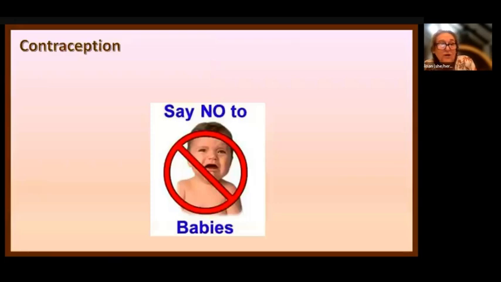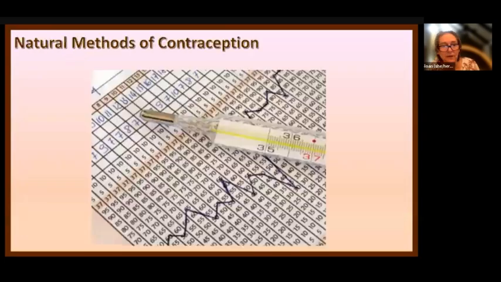So if we don't want to get pregnant, there are several ways. The only way to 100% not get pregnant is to not have vaginal intercourse. But there's other ways to protect oneself from pregnancy so that we can space children out so we don't have them right on top of each other.